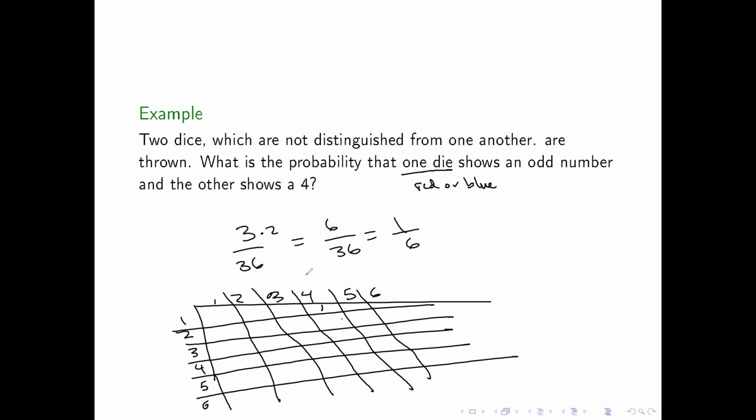If I have a 4 up for this die and an odd number, which would be right here and right here, or a 4 with here, here, and here, we can see that I found 6 ways to do it. Suppose the top die is a 4, that means the side die has to be odd, and we just went down the list and wrote them out. You see there are 6 options out of the 36.